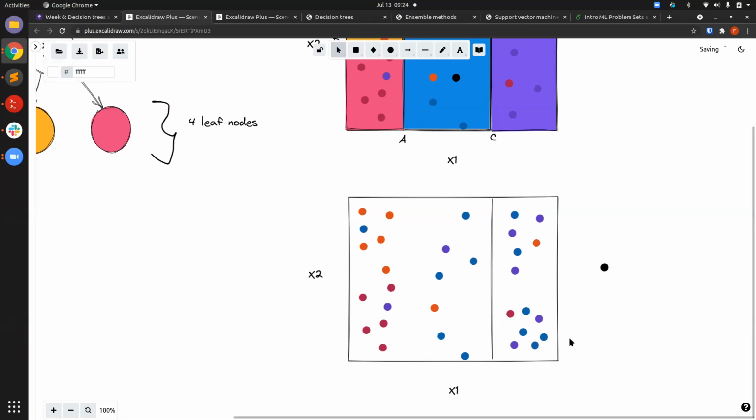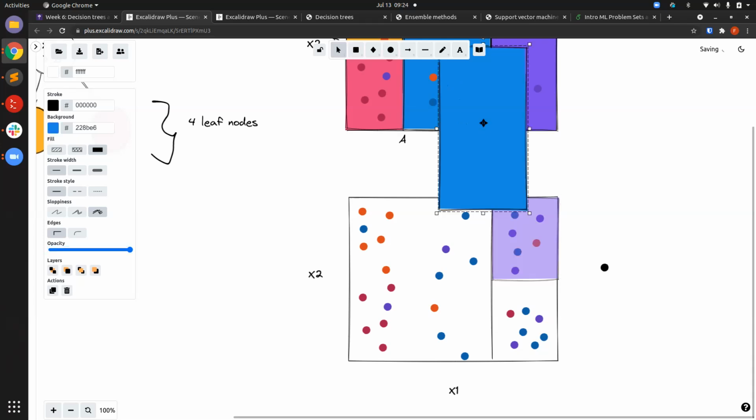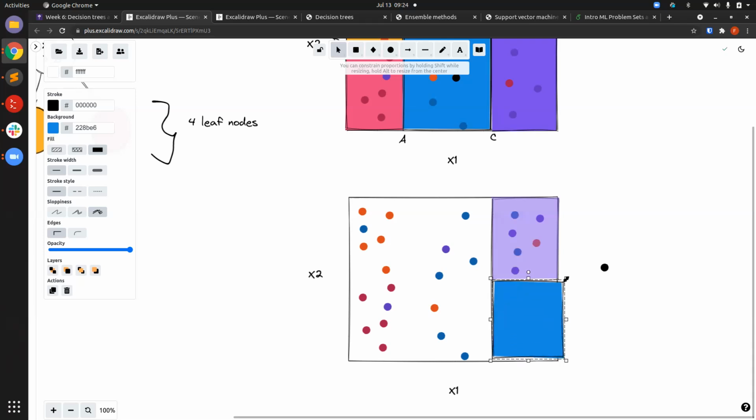Suppose at this stage, I'm considering this particular split that's shown here. And perhaps the true value in this region up here is purple, and the true value in this region down here is blue.